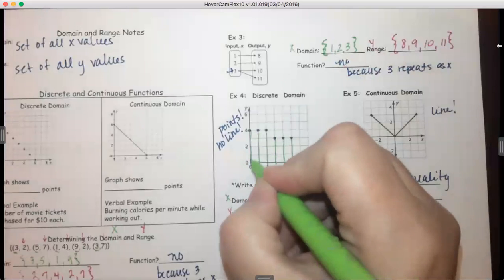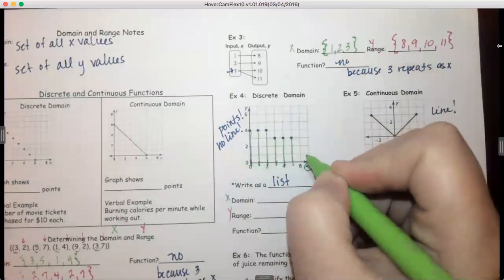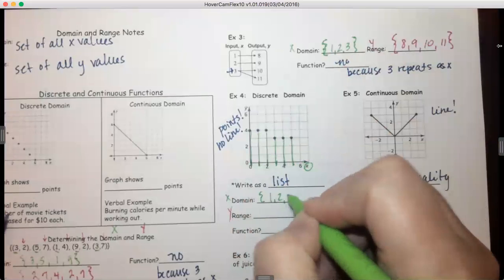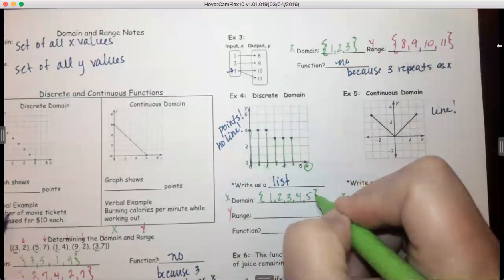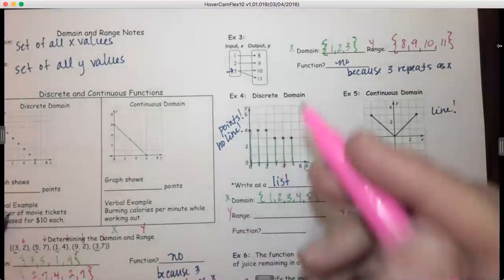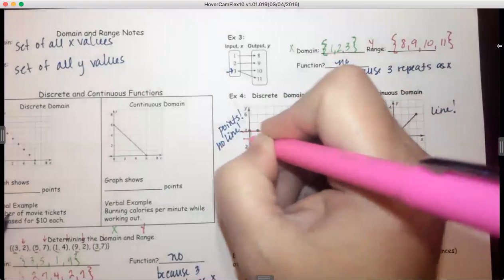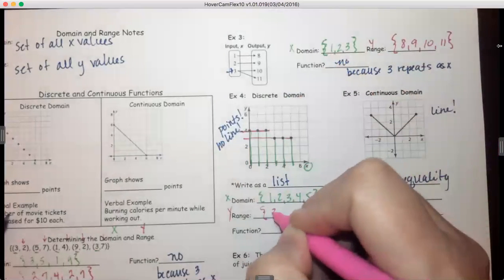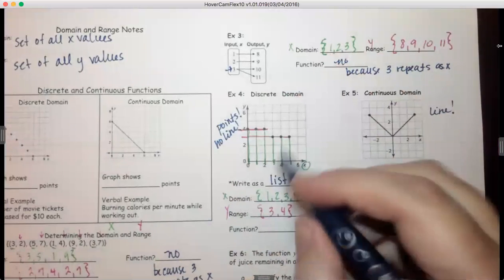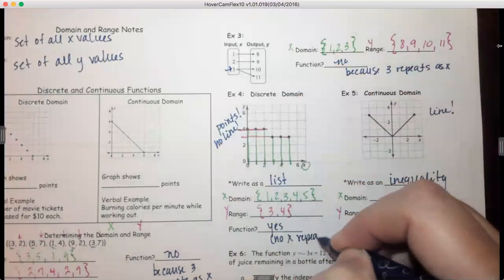Look at all these points: 0, 1, 2, 3, 4, 5. Okay, I'm going to draw it across to my Y: 4, 3. Is it a function? Yes. No X repeats.